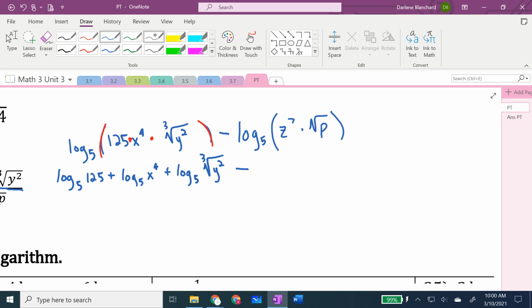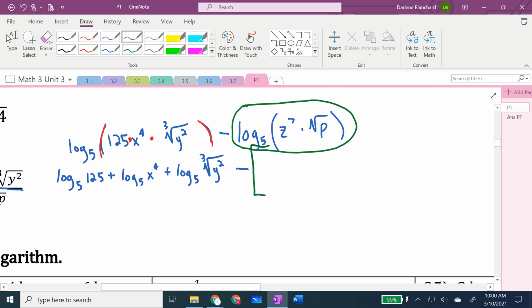And I want to be a little extra cautious. And I'm going to put a big giant parentheses here. And then I'm going to focus on this logarithm and expand that logarithm inside this big bracket. What I see is inside this logarithm, there is a multiplication of two things. So I can expand it into two separate logarithms that are adding.